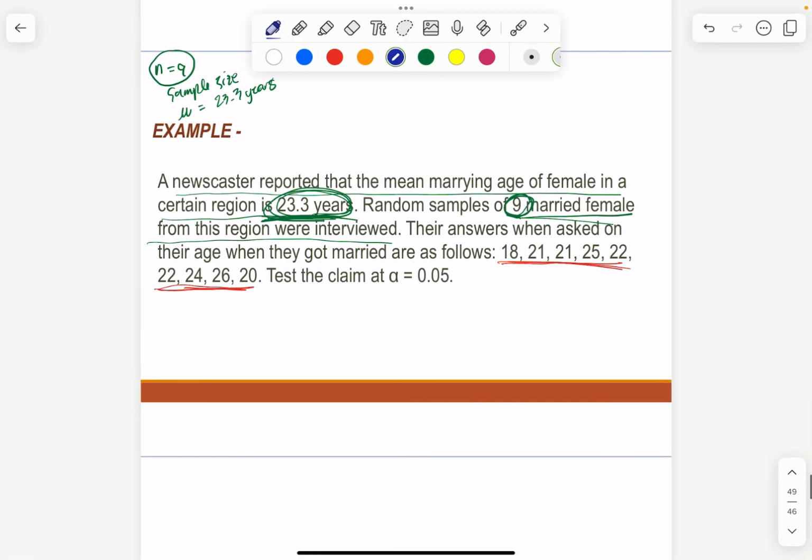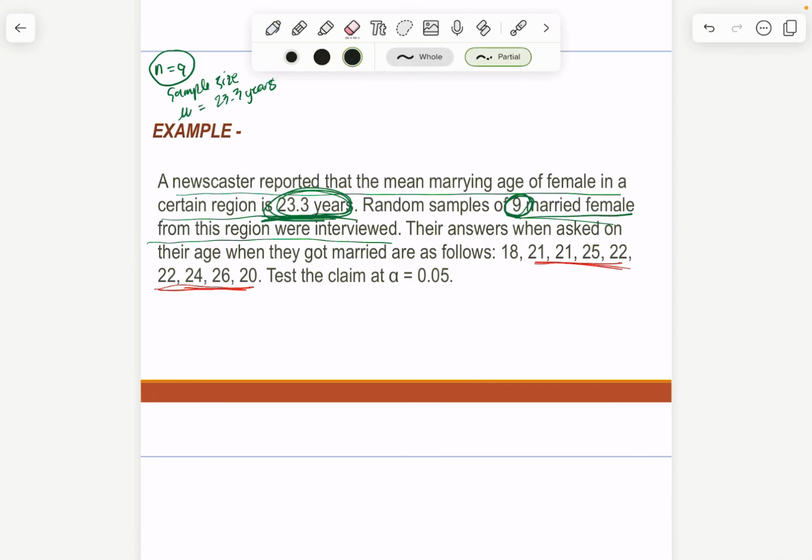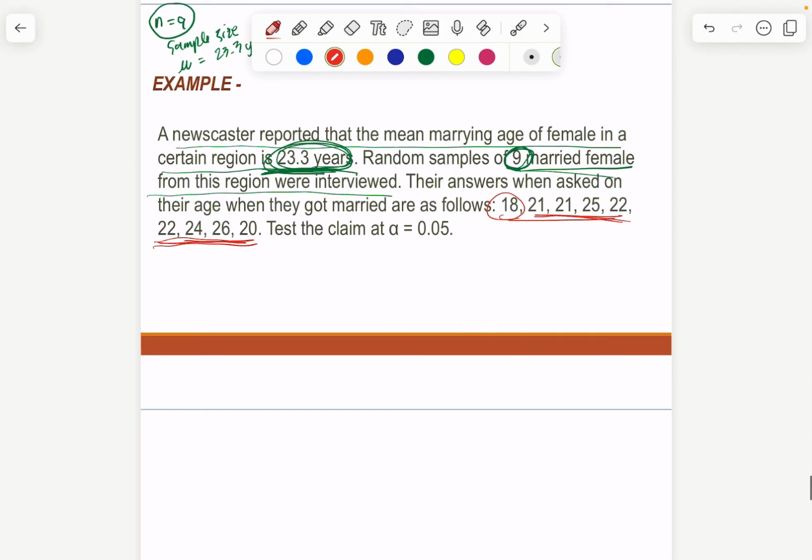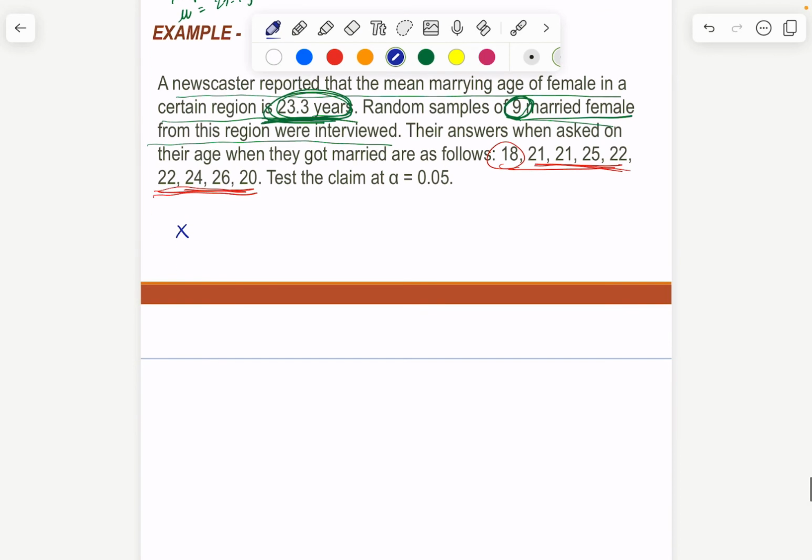So, naa sa problem diri is atuang mga values sa x. What are our values for x? We have 18 and tama ni 20. So, unsaon man na siya? So, we have to make a table. So, the table for the x. So, you are familiar with this na table.